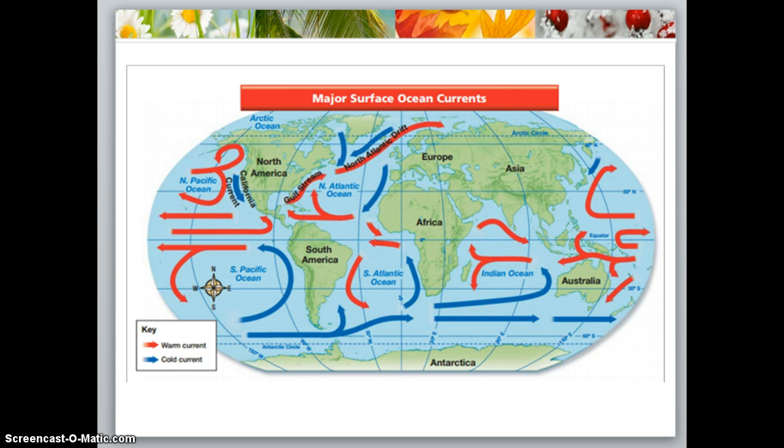So looking at the different currents helps determine what type of climate you would get in a particular area. Some areas are a little bit warmer than others, and some get cooler. If the water is warmer, you're going to get some warmer climate. And you have to take into consideration where the region is located as well.